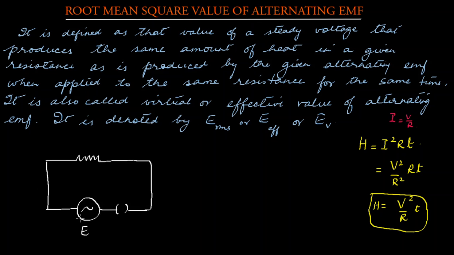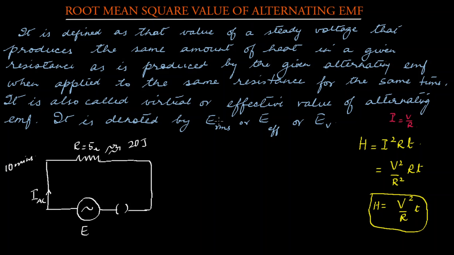Let's say this alternating EMF is applied for 10 minutes through a resistance of 5 ohms, and the amount of heat it produces is 20 joules.